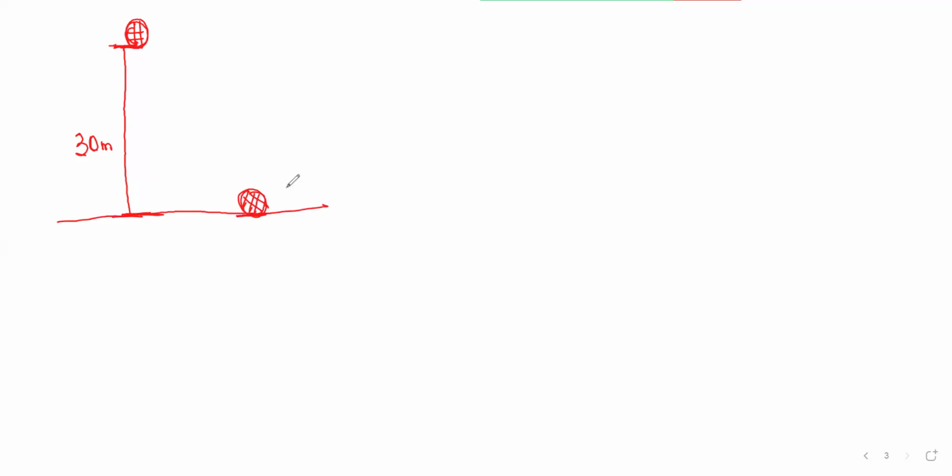So the velocity of projection of the other one, u, is 30 meters per second. After how much time and at what height from the ground would the two cross?